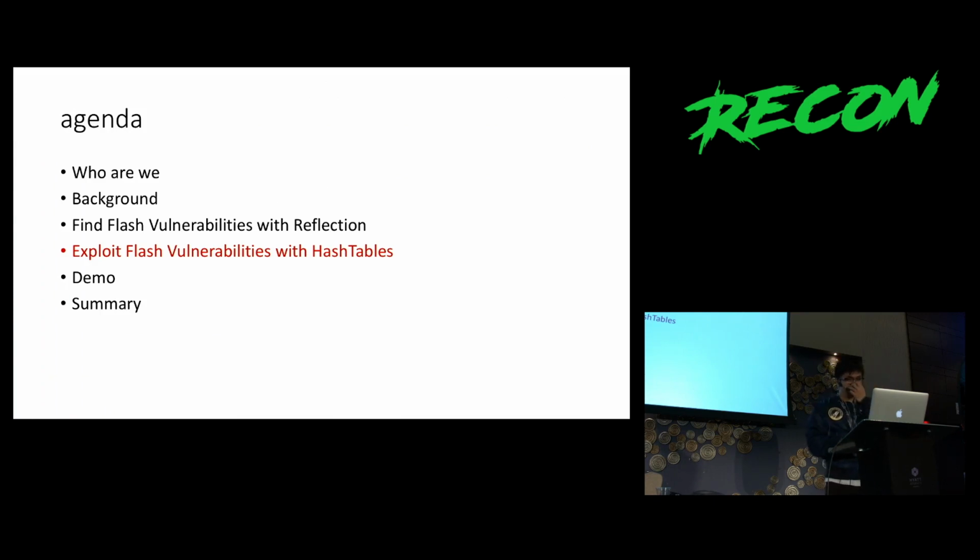Now we have finished the first important part, finding Flash vulnerabilities with reflection. I will introduce the exploitation part in the remaining slides, especially the undisclosed but exploit-friendly HashTable object.